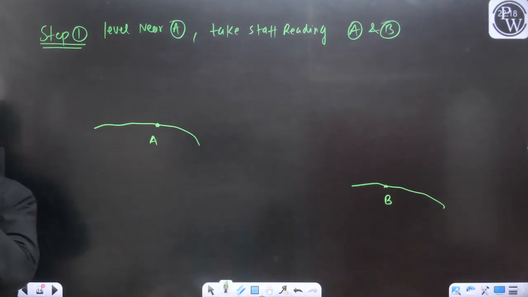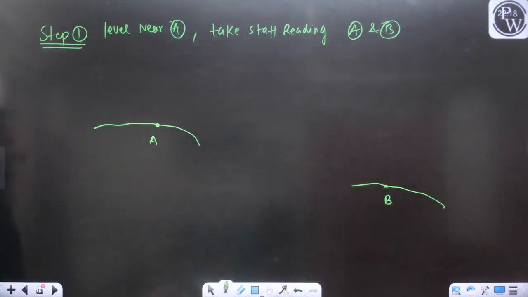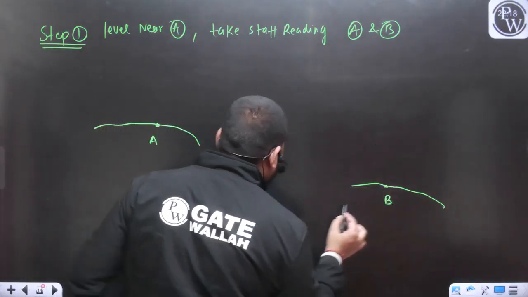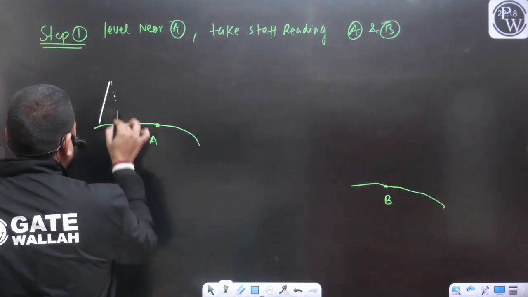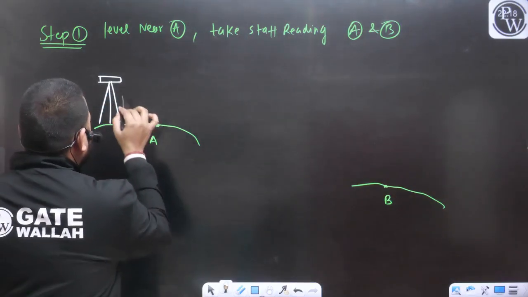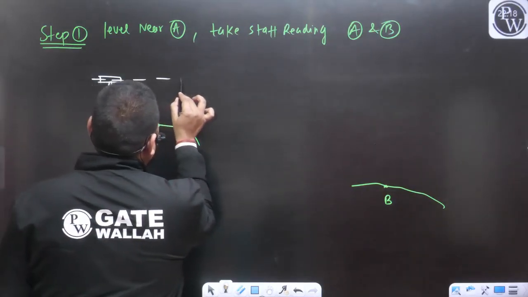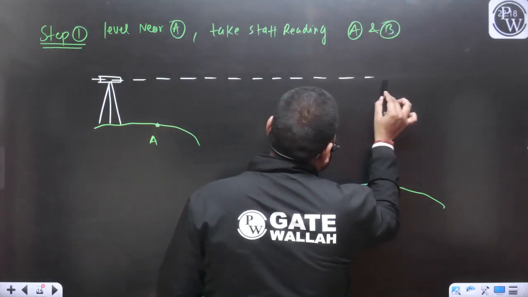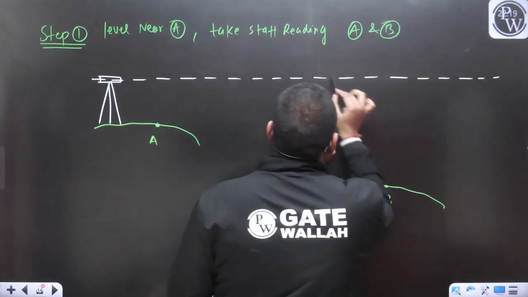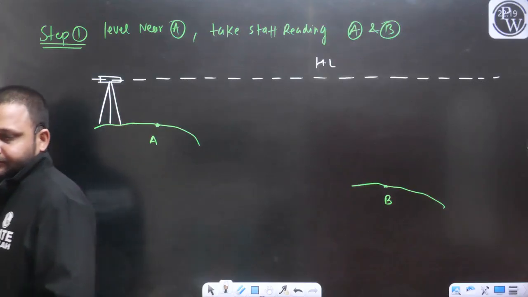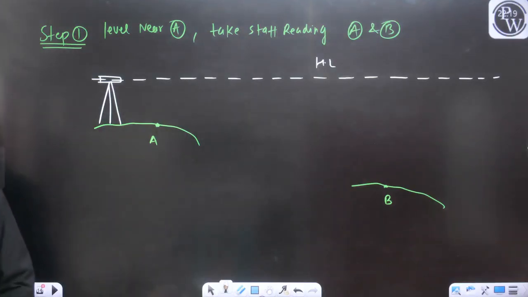This is going to be the first step. So let's see how. Let's say first we have put our instrument near to point A, something like this. So this is your level instrument, yes or no? This is going to be the horizontal line, yes or no?